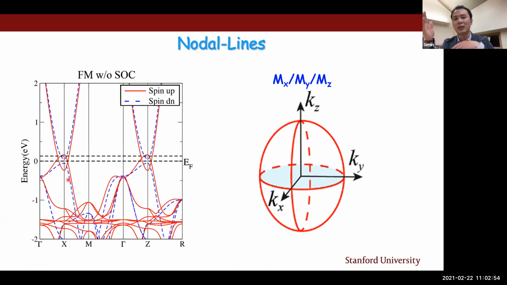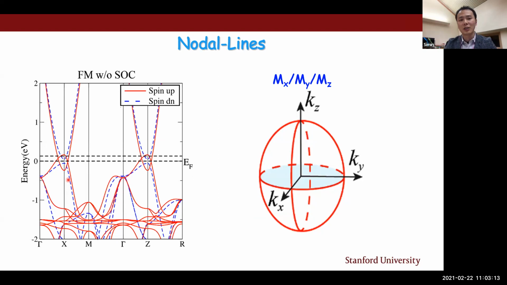That's the difference. But after you consider the spin-orbit coupling, the energy for different ferromagnetic states will be different, and then, based on your calculation, you can find the ground state of the material. But if you didn't consider the spin-orbit coupling, the different magnetic order doesn't matter.